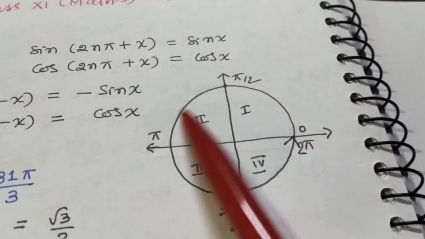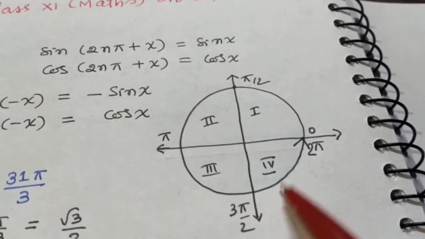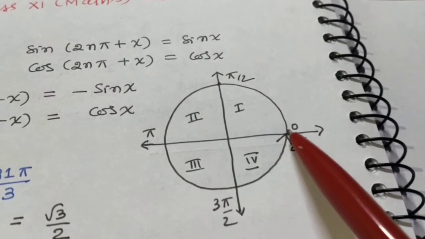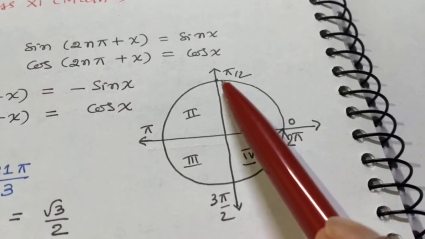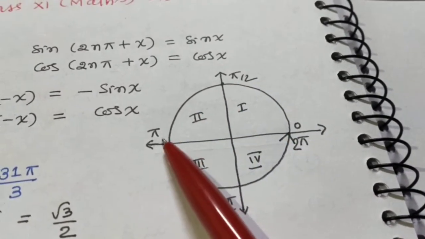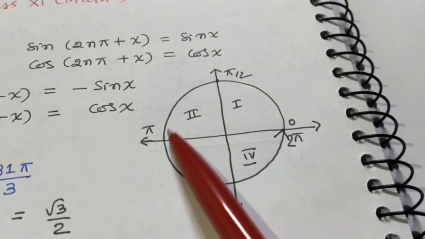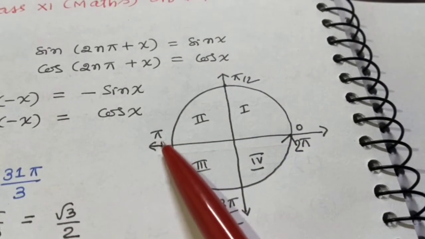So these are the 4 quadrants. A circular angle is there. When you go from 0 degree up to pi by 2, 90 degree, and then come back to pi, this is the second quadrant, which finishes here at 180 degree.